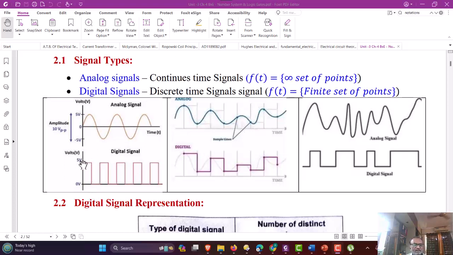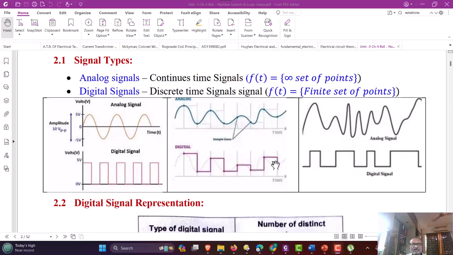For example, for a certain duration, the value is 5 volt. Then the next duration it is 0. Again for the next interval, it is 5 volt. Again it is 0 volt for the next duration. Likewise. So the total signal is repetitive, but it will be represented only by discrete values.